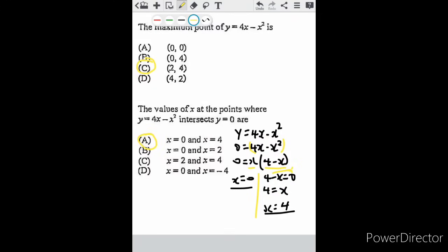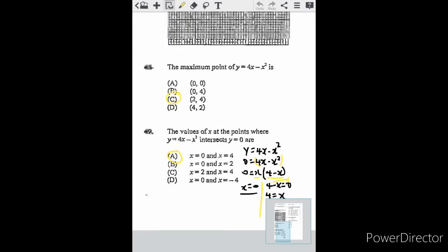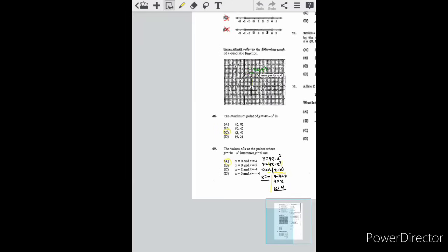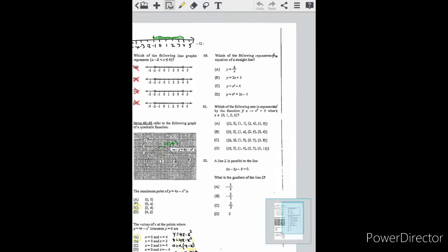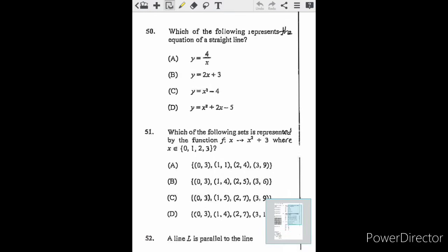Moving on. We're now at question 50. So we're almost there. Which of the following represents the equation of a straight line? The equation of a straight line is written as y is equal to mx plus c.